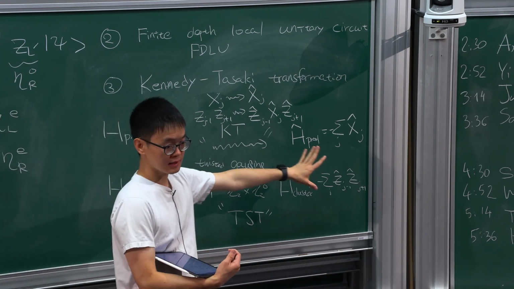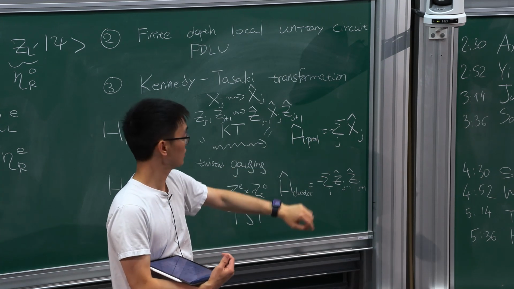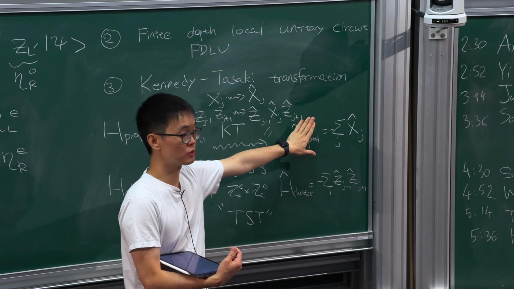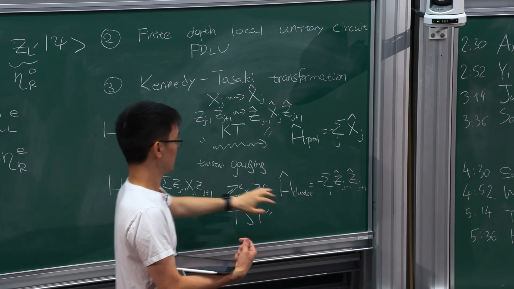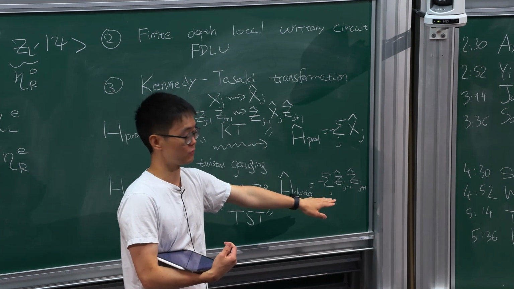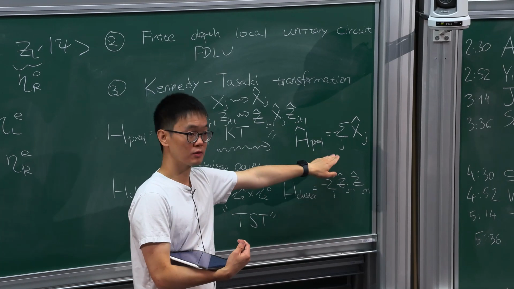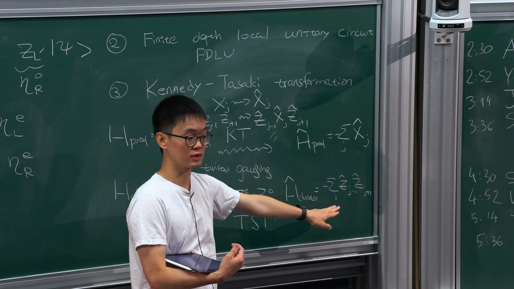But now on the right-hand side, there's an invariant way to distinguish these two Hamiltonians. This Hamiltonian is a trivially gapped phase, just like the one we started with. This one, on the other hand, represents a Z2 cross Z2 spontaneously broken phase. So this Hamiltonian has one ground state, among other things. This Hamiltonian will have 4 ground states.